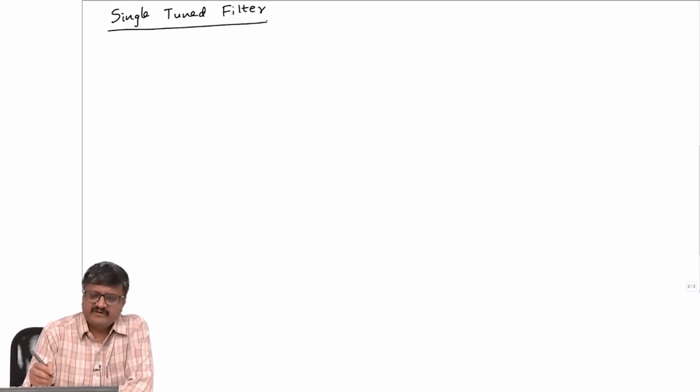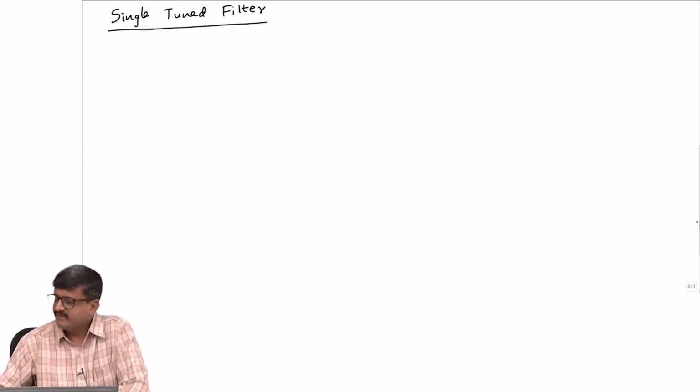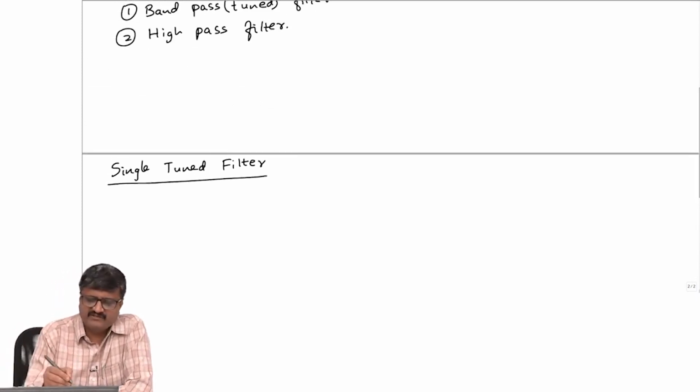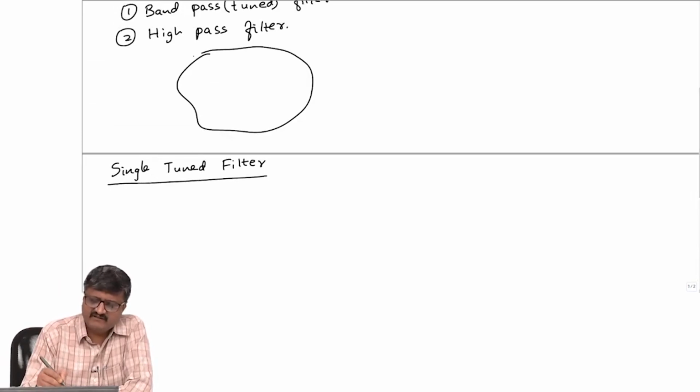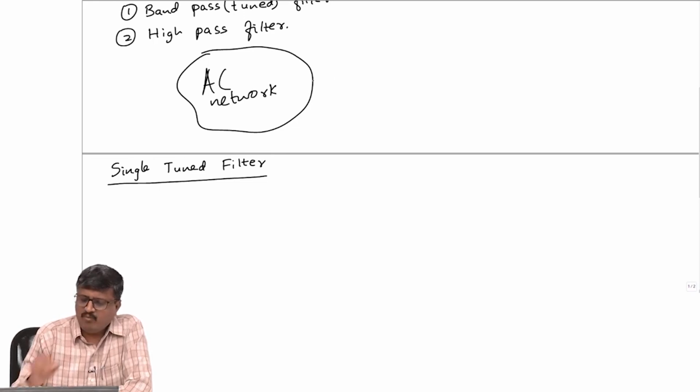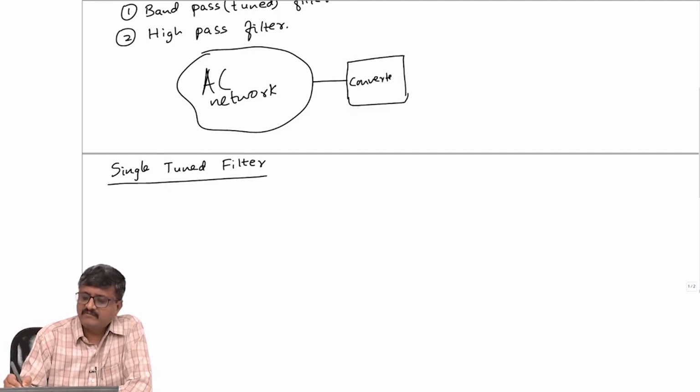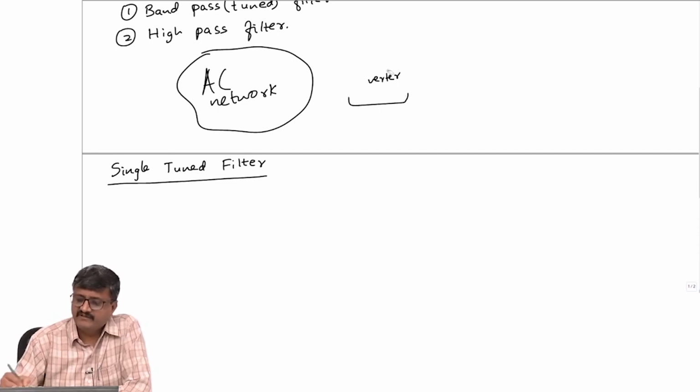What I am trying to say is, let me try to say here. Suppose I have an AC network. I have a converter here. I provide a path here. Let me elaborate this.